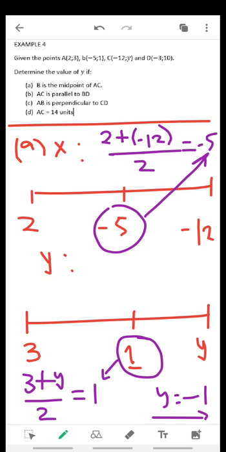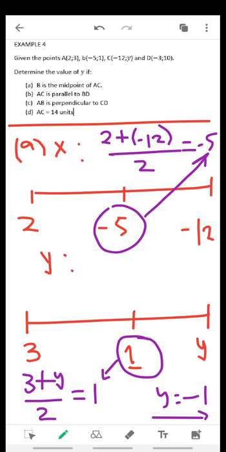It means the x value of B will be halfway between the x value of A and the value of x for C. So for A, I have 2 for x. Then the value of x for B is minus 5. Then the value of x for C is minus 12.